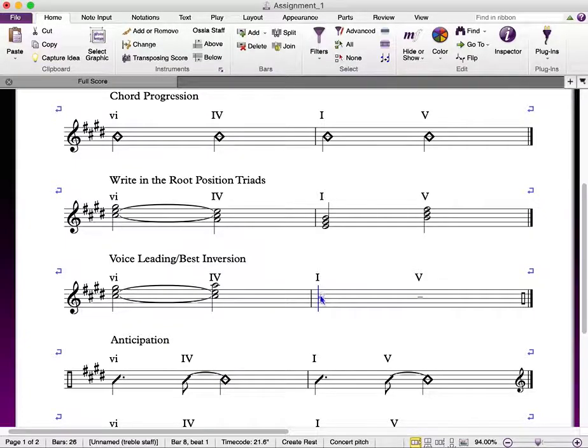So here I will put my E here. I can see it has this in common. For some reason it's invisible, don't worry about it. All I need now is the other 2 members of this triad. I've got the E, I need a G sharp, and I need a B. The G sharp is going to be close to this A, so I'm going to add it up here.